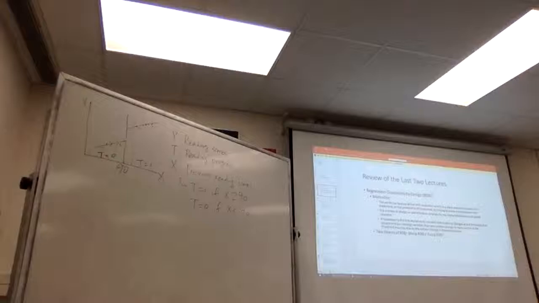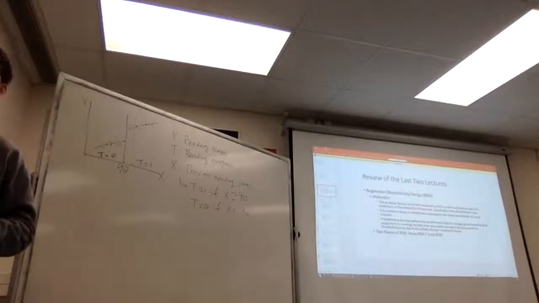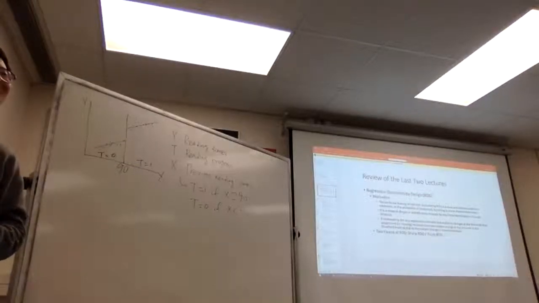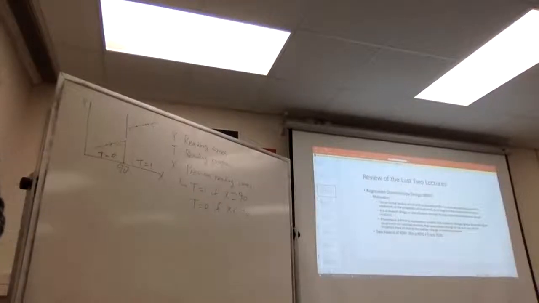Still, it's an experiment. Why is that? What is the core feature of experiments? For those who have taken social science methods as an undergrad, I know there are undergrads. What is the core feature of experiments? Random assignments, yes.